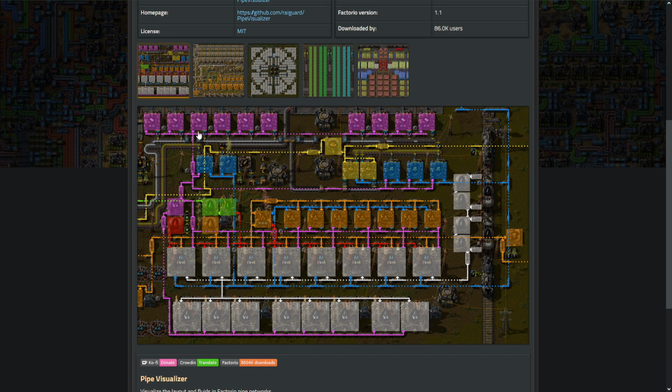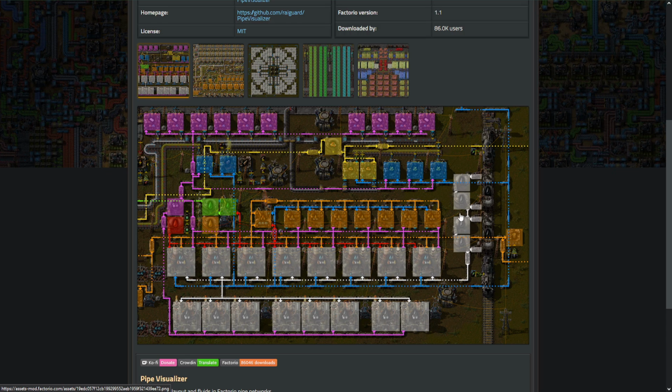And there's even a different version. I think this is still the same build where there's white and orange and other colors. I think this would make clear where certain things are going.